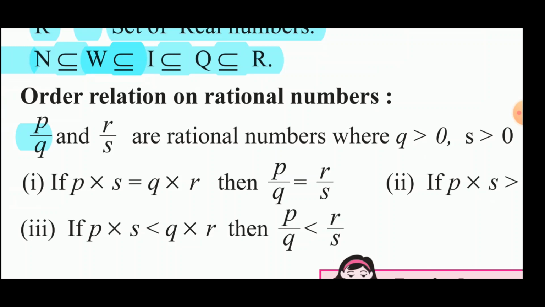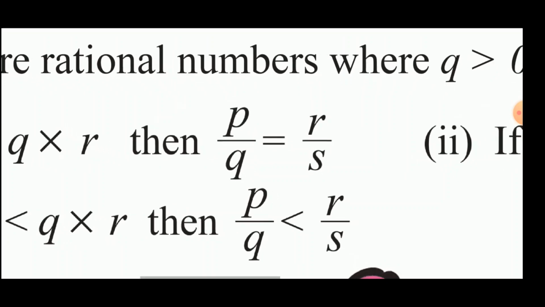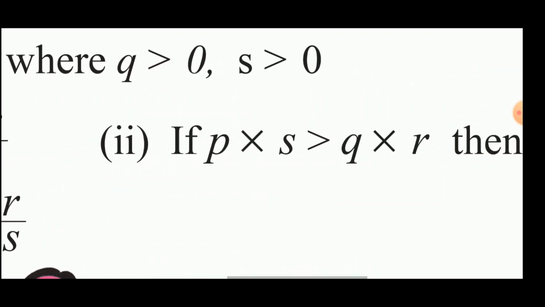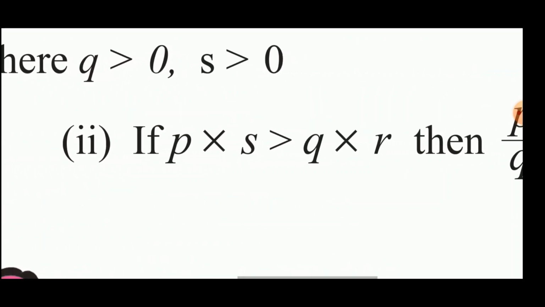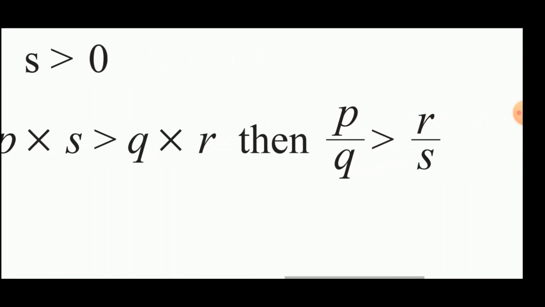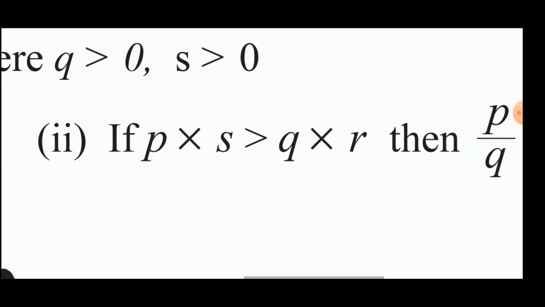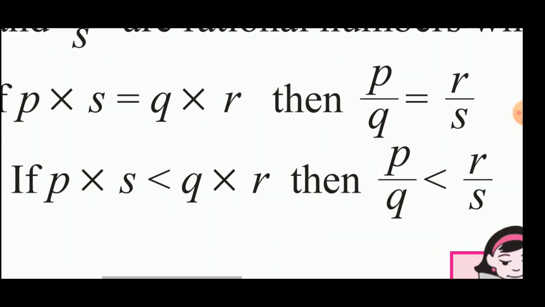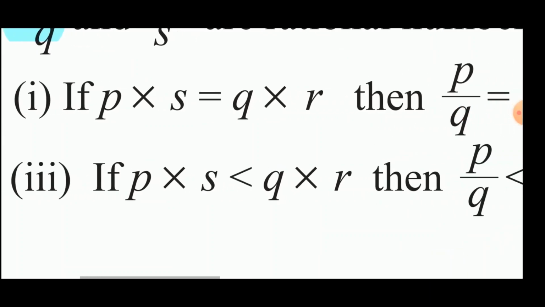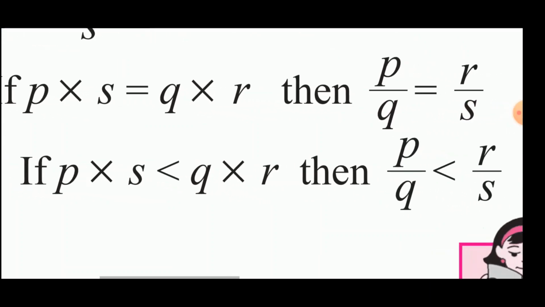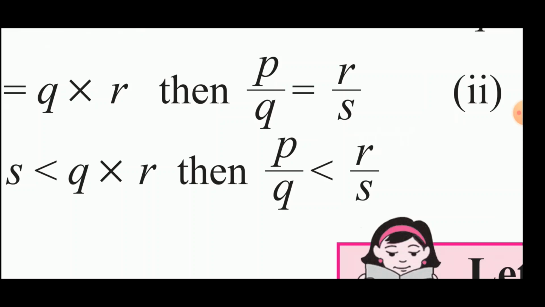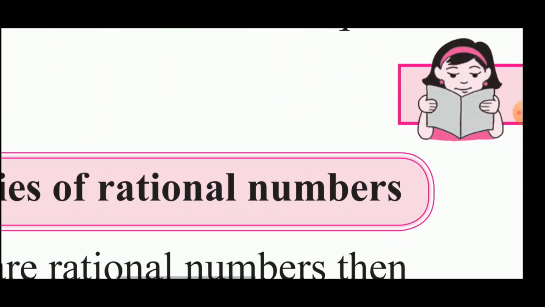If p into s is equal to q into r, then we say that the two fractions p upon q and r upon s are equal. If p into s is greater than q into r, then the first fraction p upon q is greater than r upon s. And if p into s is less than q into r, then we write p upon q is less than r upon s.